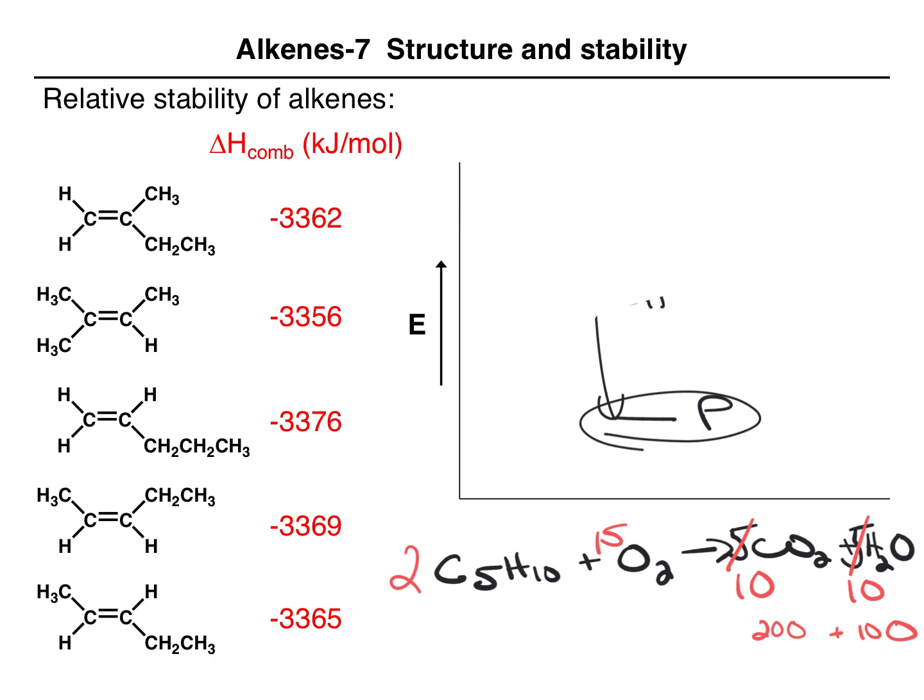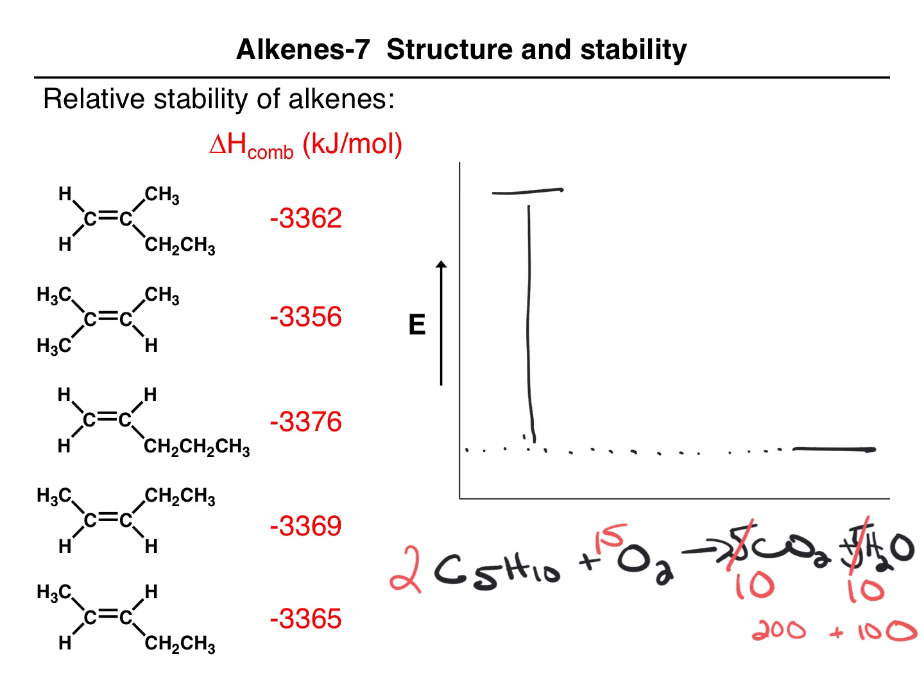So let me erase this, and then let's start filling in some of these values. If we look for the largest value, this is here 3376. Let's say this is our product, and let's put this all the way across. So here we have a difference of 3376, and that corresponds to this compound.